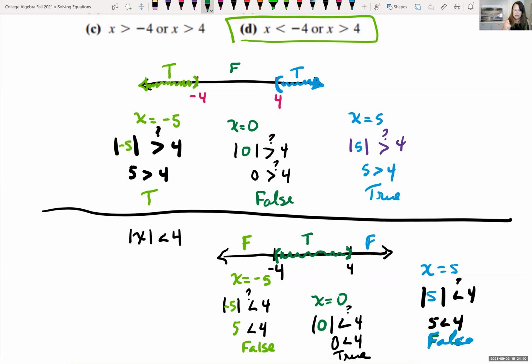So notice this is another way to write this. This is like a compound inequality, the same thing as saying -4 is less than X is less than 4.